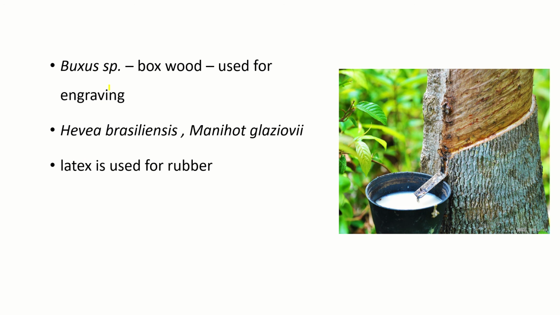Wood is obtained from this species and it is the best wood for wood engraving. These two plants are also there. Latex is used for generation of rubber. Hevea, especially Hevea, is an important plant that yields rubber. Remember these two names, Manihot and Hevea, it yields rubber.